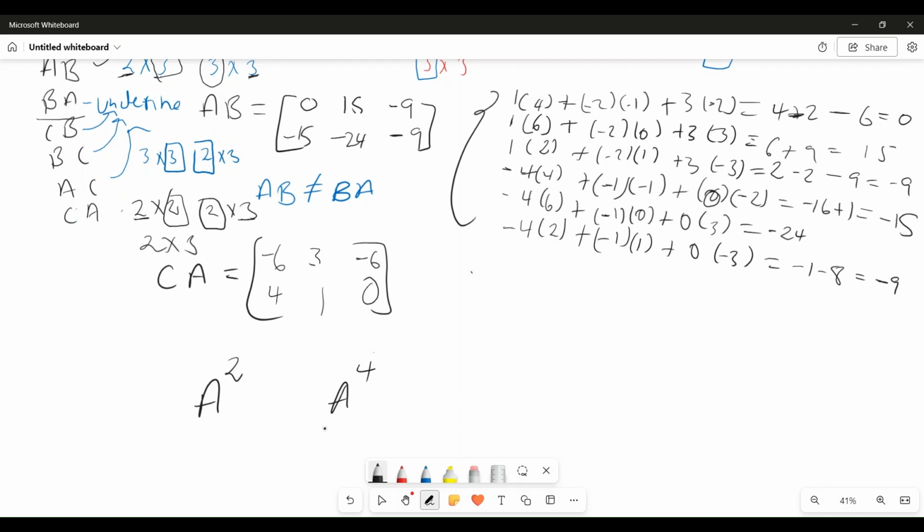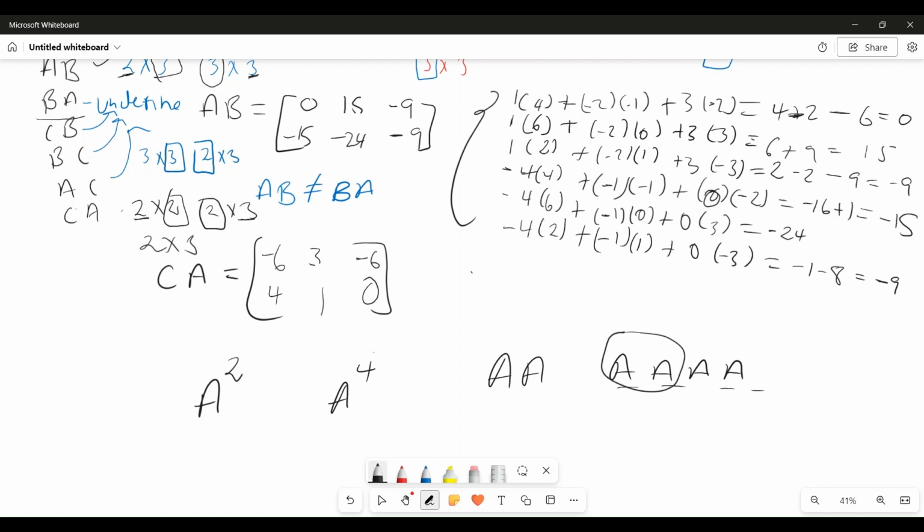So basically, when they give you something of this nature, if they say A to the power 2, what they mean is matrix A multiplied by itself. So it's A times A, and A to the power 4 is A times A, 4 times. Okay, so you have to do a product of that matrix 1, 2, 3, 4 times.